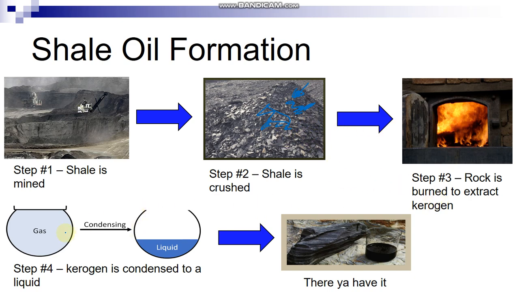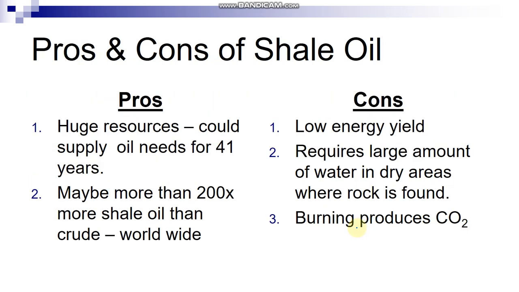And once we heat the rock, we produce this gas, this kerogen gas, which is then condensed into a liquid, and now we have synthetic oil, which this picture tells the tale. It's highly inefficient. You might have a rock this big and produce very little synthetic oil out of this process. You got to mine it, crush it, heat it, extract the kerogen, condense the kerogen, and then voila, you have oil. Not good. I mean, you know, the process is just damaging to the environment.